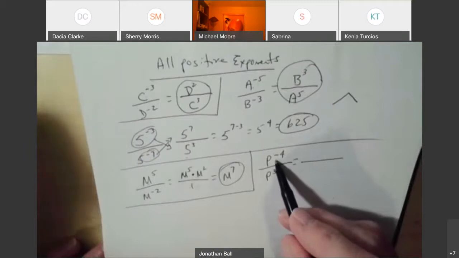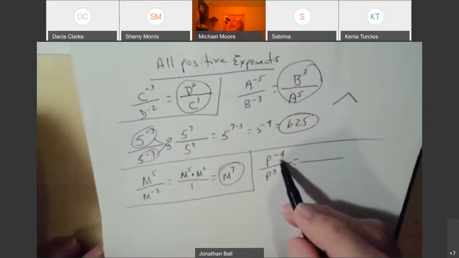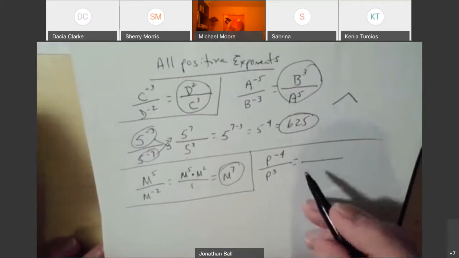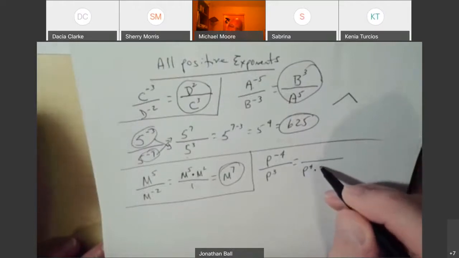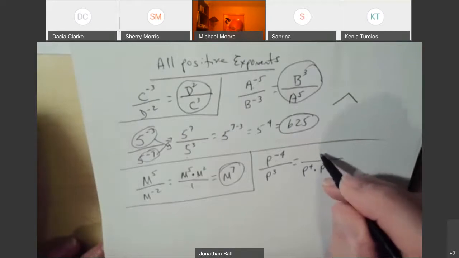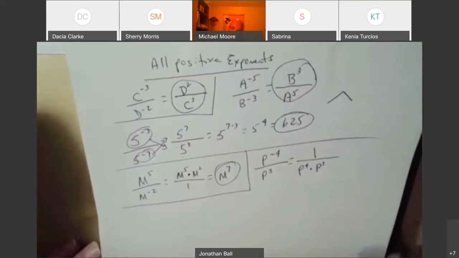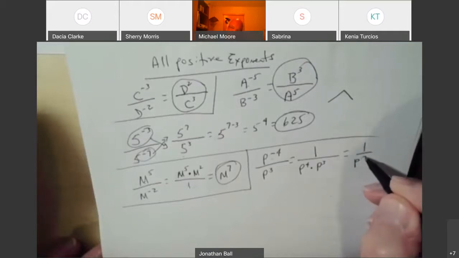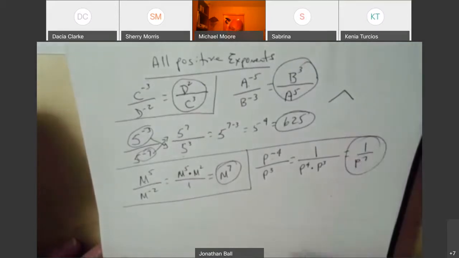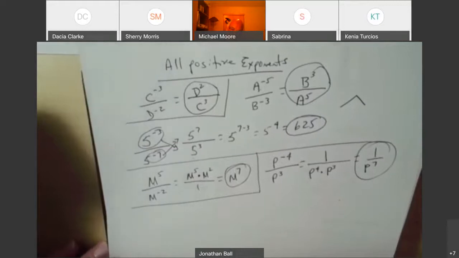Now where does p to the minus 4 go? To the bottom, because it's negative. So it's p to the 4th times p cubed. You have to have a 1 in the numerator. Equals 1 over p to the 7th. Right?